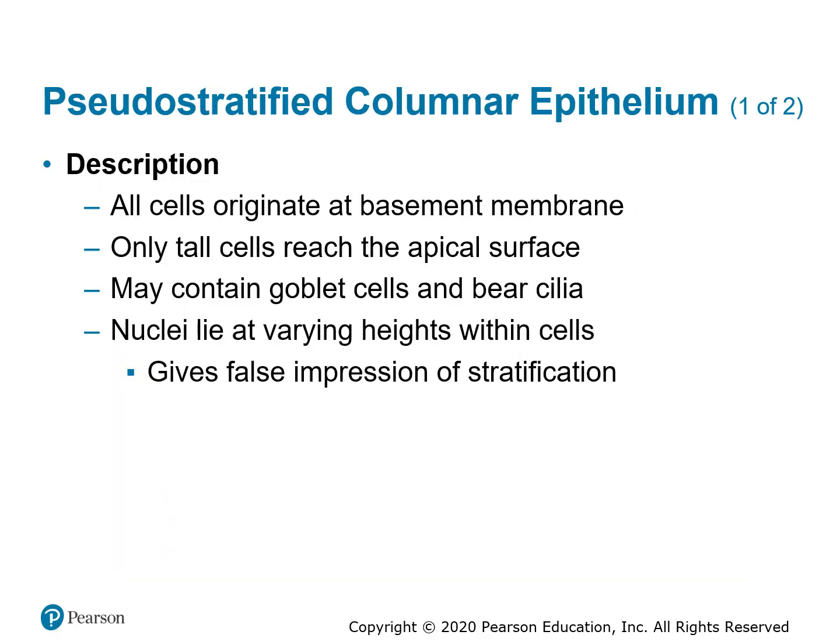Next on the list, pseudostratified columnar epithelium. This is where, again, those Latin roots will really help you out. Pseudo means false. We know stratified means many layers. So we can assume that pseudostratified are not actually real stratified columnar epithelium.